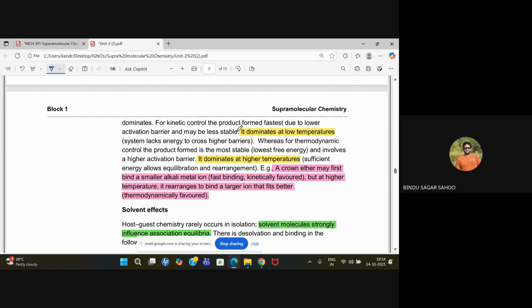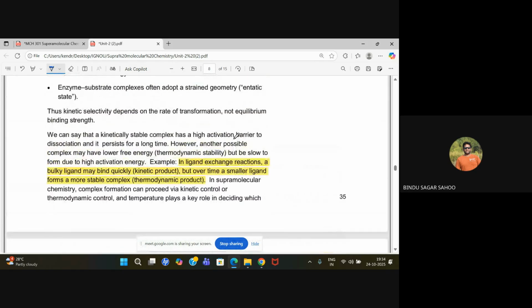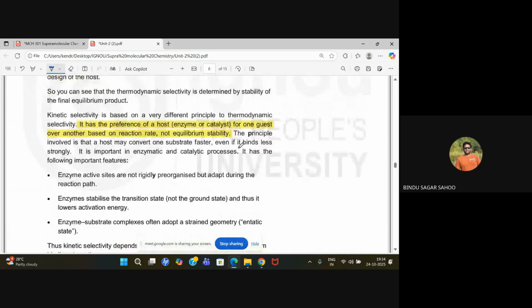But if you supply a larger ion, it can also interact with the crown ether complex, but the condition should be higher temperature. At high temperature, the interaction of crown ether with a bigger metal ion is thermodynamically favored. So this is all about the thermodynamic and kinetic stability of metal complexes.